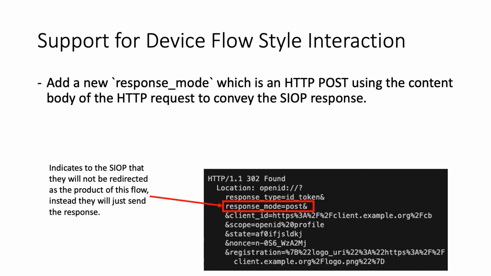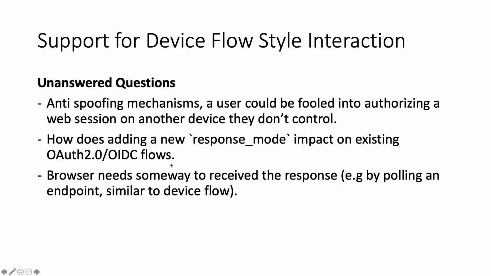Some of the unanswered questions here, which I believe multiple people have identified before, are how we do anti-spoofing mechanisms. A user could be fooled into authorizing a web session on a device they don't control, if there aren't suitable guarantees around how long the request is valid for, and potentially challenging the user for the resulting authenticated web session.